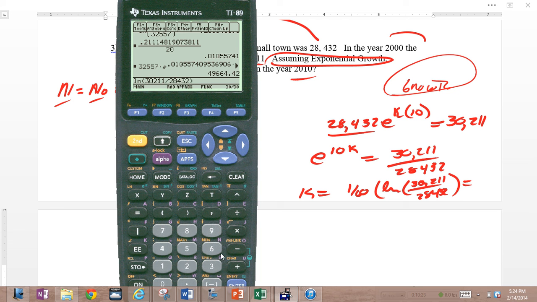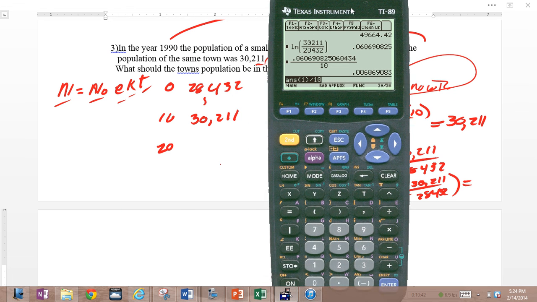And we're going to take 1/10 of that. It's just going to move the decimal place, divided by 10. So our growth constant is 0.00606.